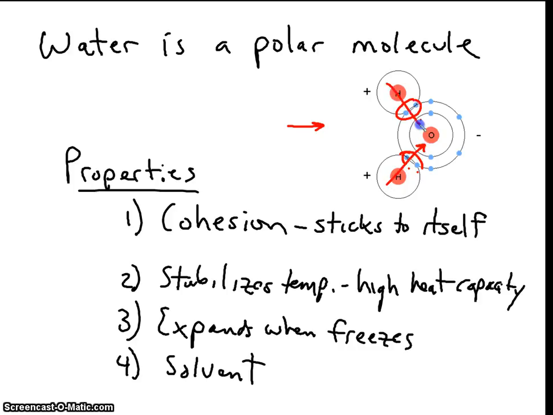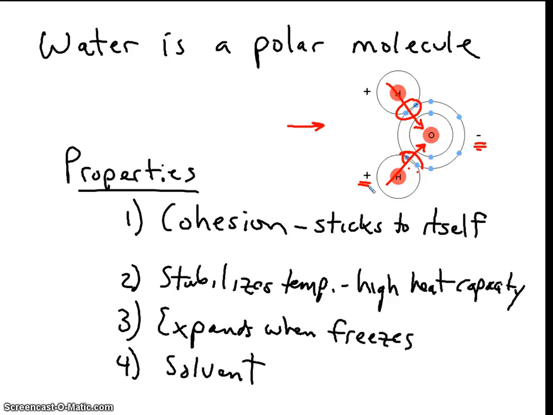The electrons are pulled towards the oxygen and spend more time around it, so it takes on a negative charge, and the hydrogens are left with a positive. So that's a polar molecule. There's a positive and negative end to it. And because of the polarity of water, it has four main properties that we're going to talk about.